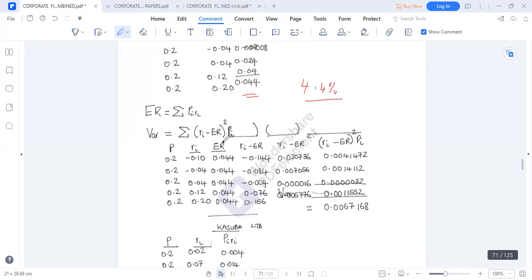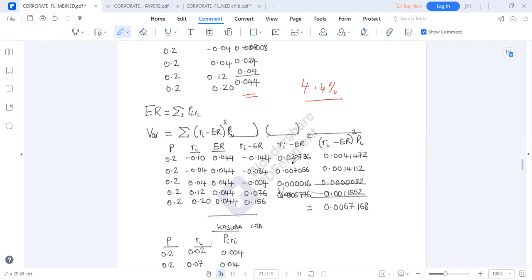All right, to calculate the variance, we subtract the 0.044 from each of the returns. So we spread out the probabilities, 0.2, and the returns 10%, 4%, up to 20%. I brought down the expected return of 0.044 and subtract it from the return, so 0.10 minus 0.044.